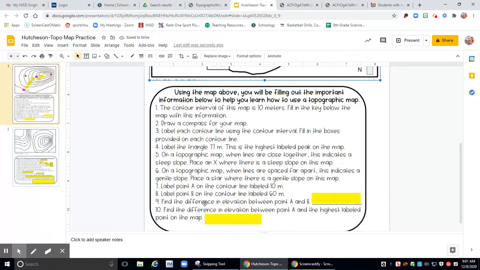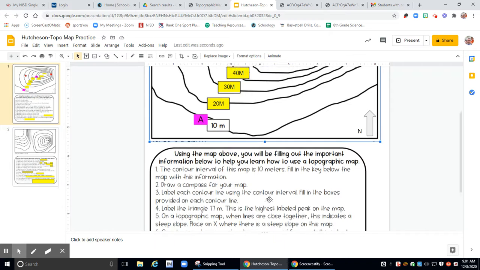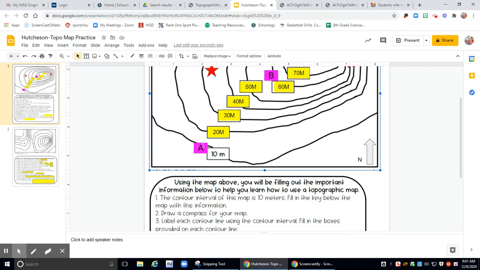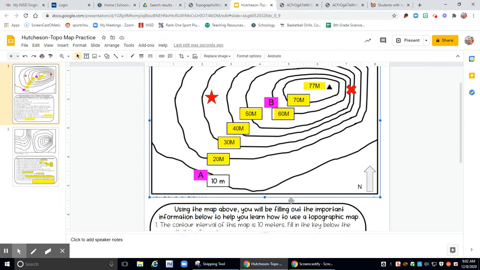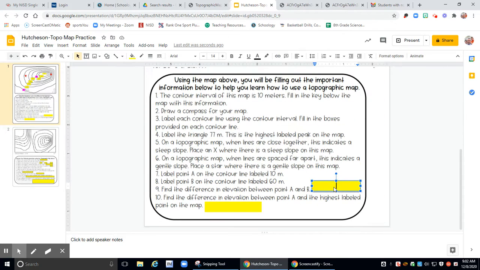And then right here it says find the difference in elevation between points A and B. So if I was started here at A and I hiked up to B, the difference in elevation would be 60 minus 10, right? So that would give my change in elevation as being 50 meters, all right?